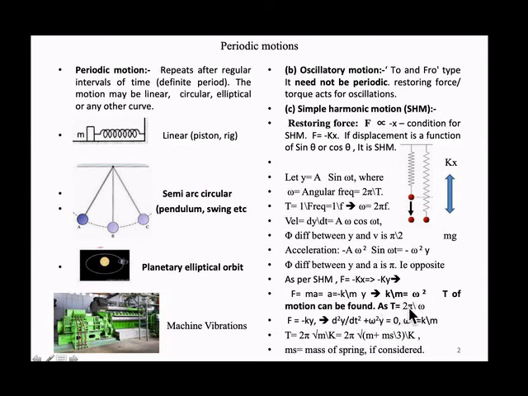So time is equal to 2 pi by omega, so 2 pi root m by k. This is what we have discussed earlier. 2 pi root of m plus mass of spring by 3, by k, if we consider the mass of the spring. So this is the time period of a simple spring attached mass.